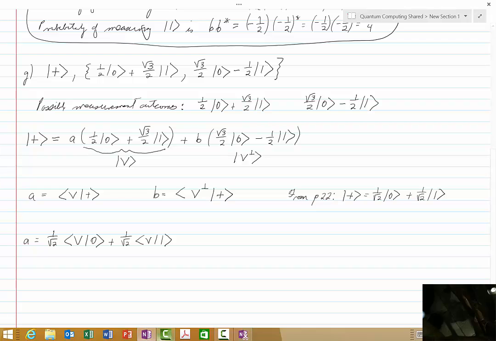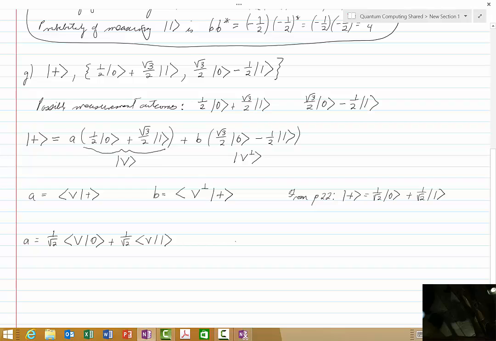And again, this equation that we've just written comes from substituting in for this plus ket, we have substituted in this to obtain this.